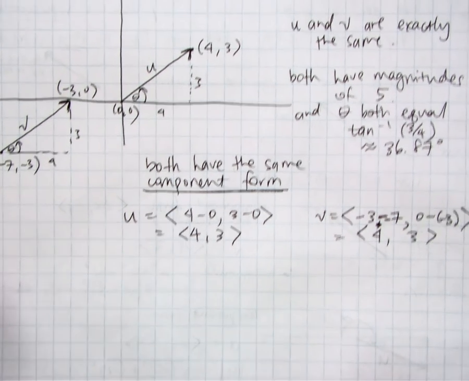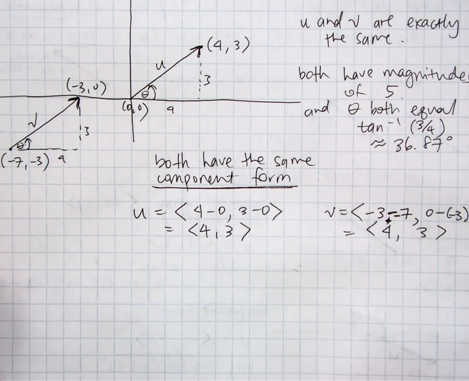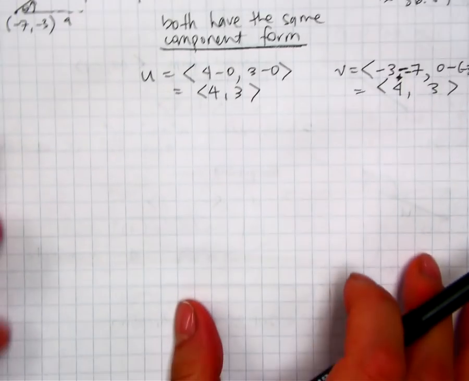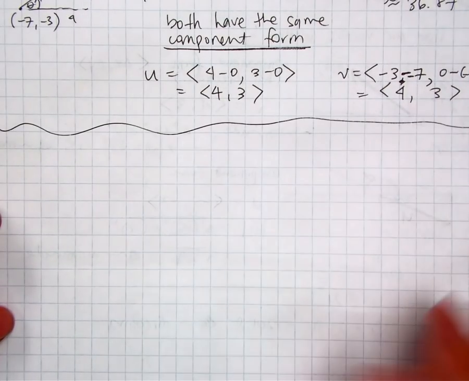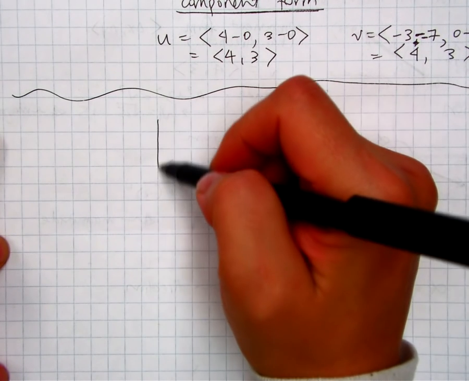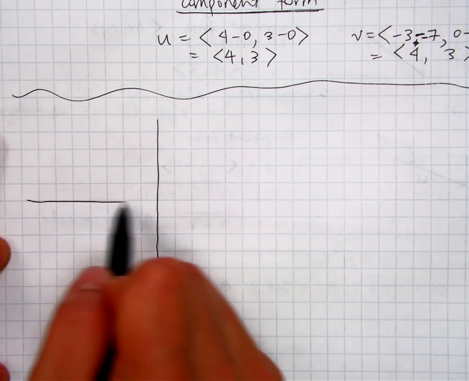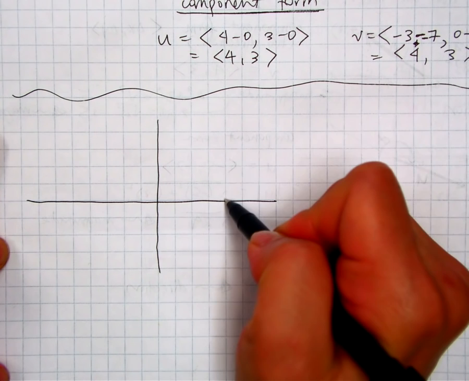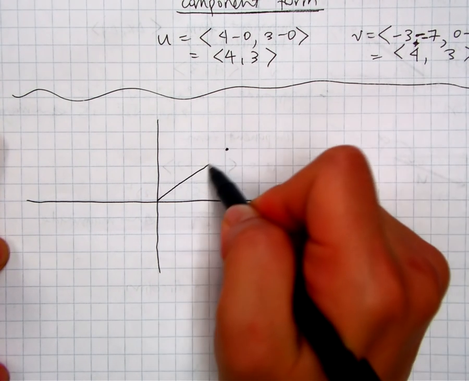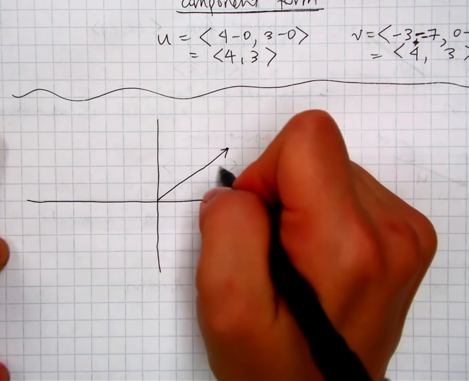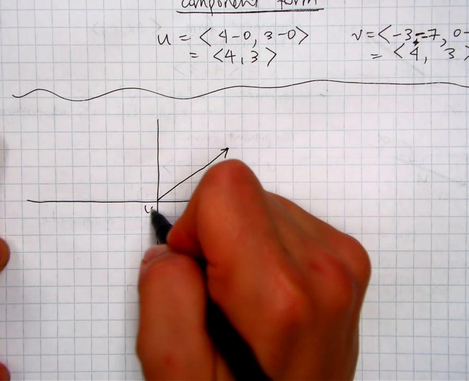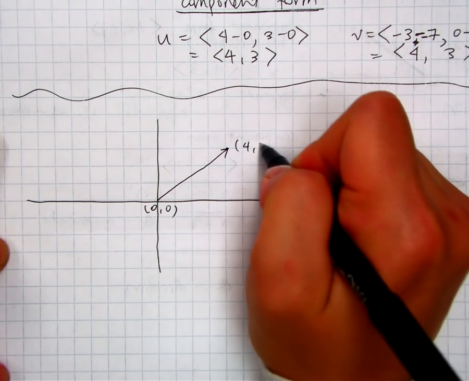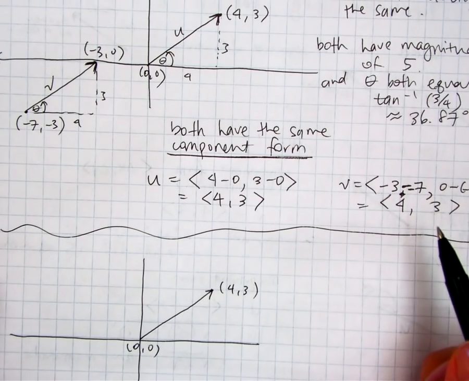So what do I mean by the direction actually matters? So let's do one where the direction is flipped. So if I have the same two vectors, this one goes over 4, up 3, right? So this is still 0, 0, this is still 4, 3, exactly like the one above it.